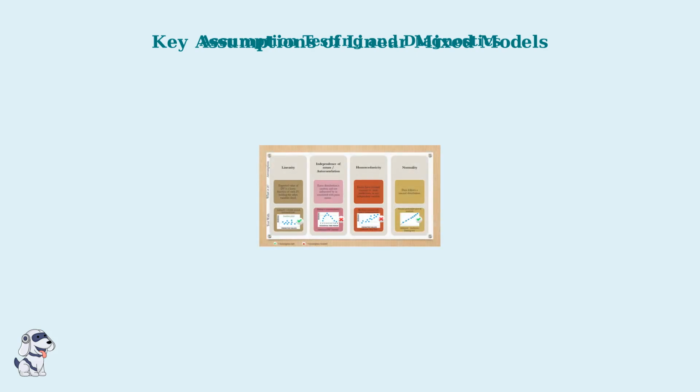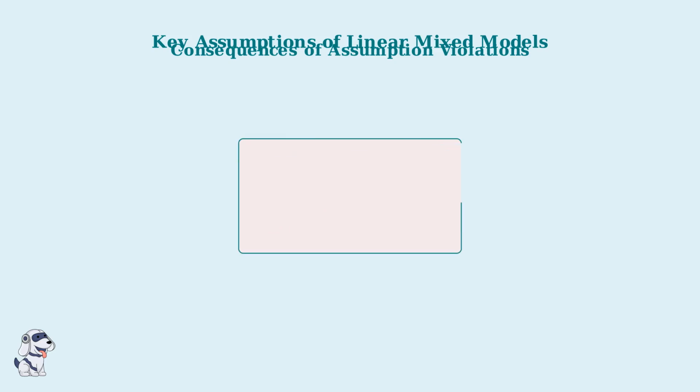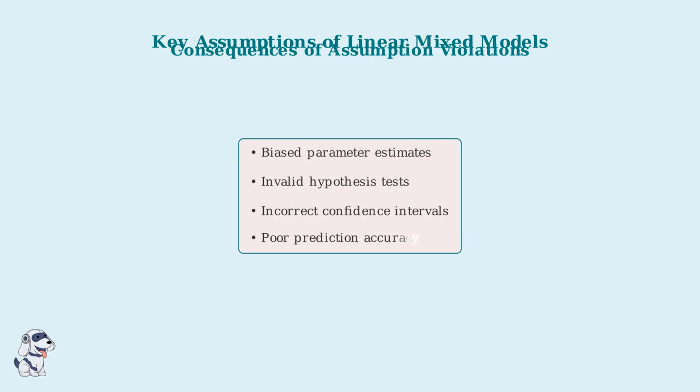This comprehensive chart summarizes all four assumptions with their definitions and diagnostic tests. Each assumption can be evaluated using specific statistical tests and visual diagnostics to ensure model validity. When these assumptions are violated, the consequences can be serious.